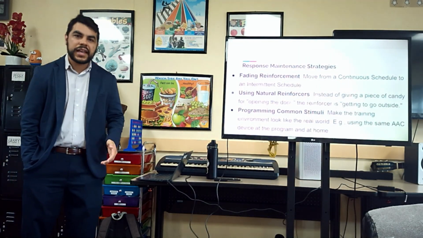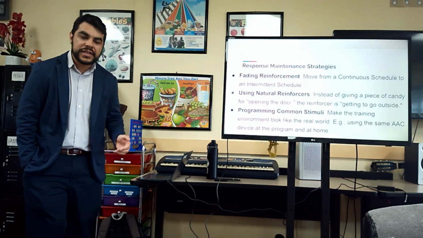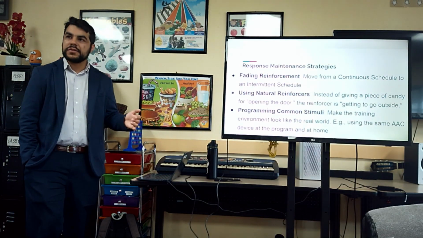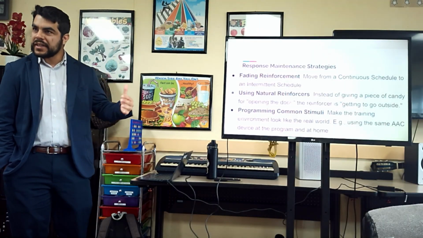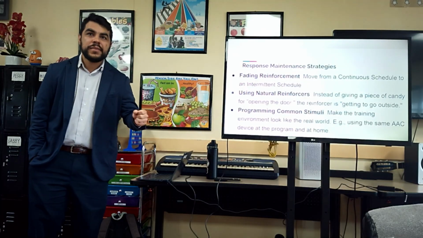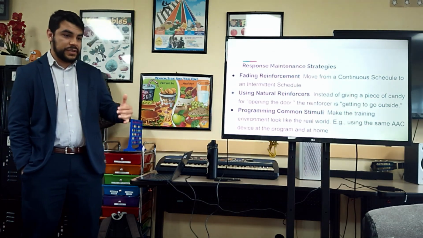We're always reinforcing. Every time the client asks for something, let's say if they're working on making a request, they get it. But when it comes to an intermittent schedule, think of it as a lottery schedule where sometimes they get reinforcement, sometimes they don't. But that kind of schedule allows the behavior to persist over time.